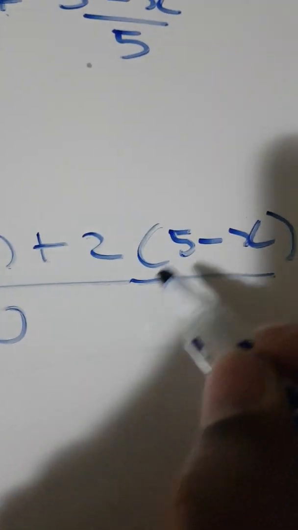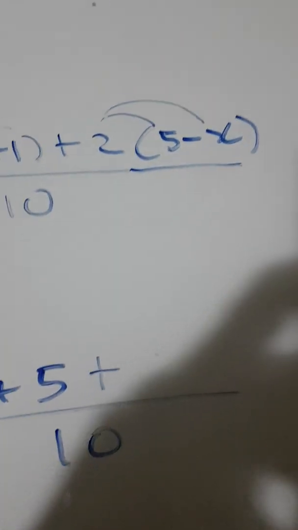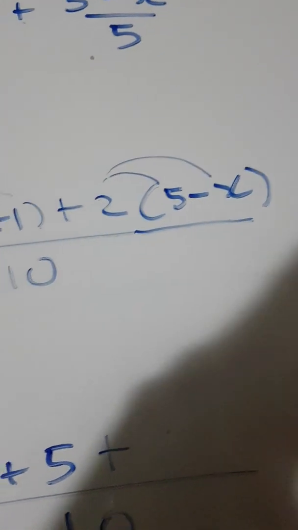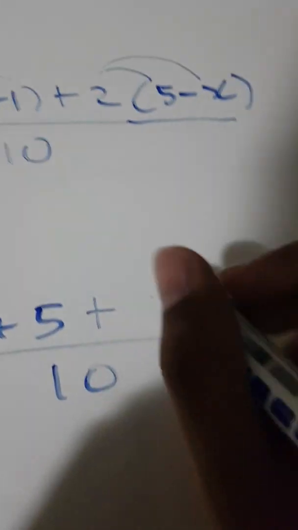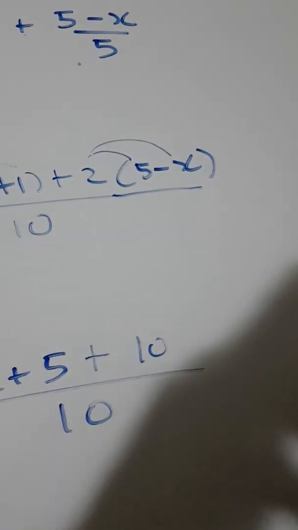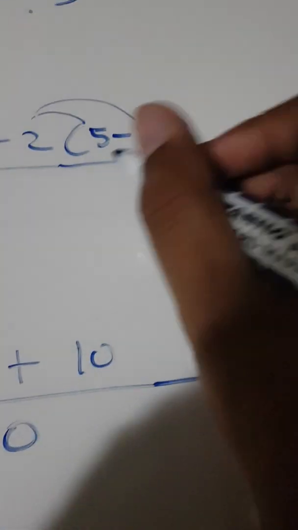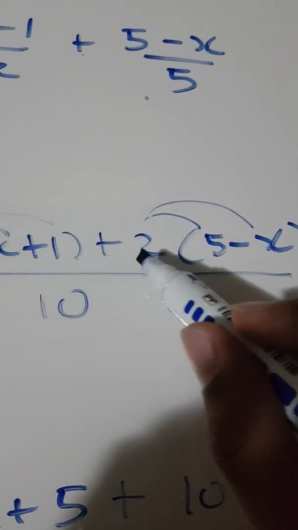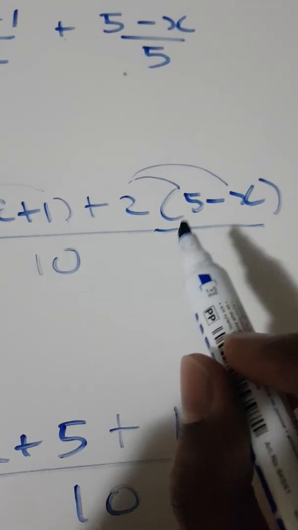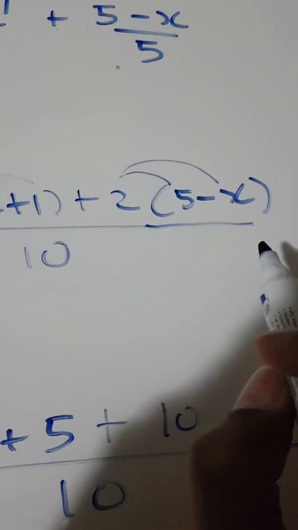So now we go over here. We have 2 by 5 and 2 by minus x. So it continues by expanding this bracket here. So this will be 2 5s are 10, and 2 multiplied by minus x will give us minus 2x, because we know in multiplication a positive multiplied by a negative will always give us a negative.